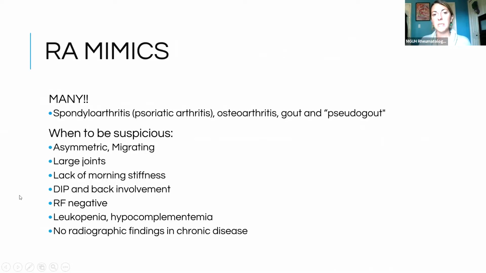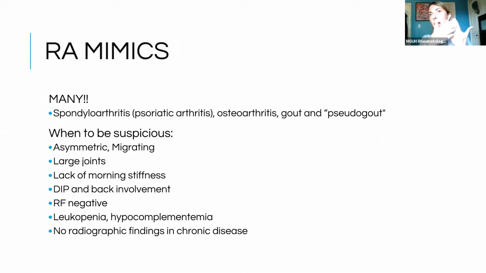So you should be suspicious of something else besides RA if the pattern of joint pain is asymmetric, if it's migratory. So RA is not perfectly symmetric, right? Like if you have this and this MCP, it's not that you necessarily have the same exact ones on both sides.